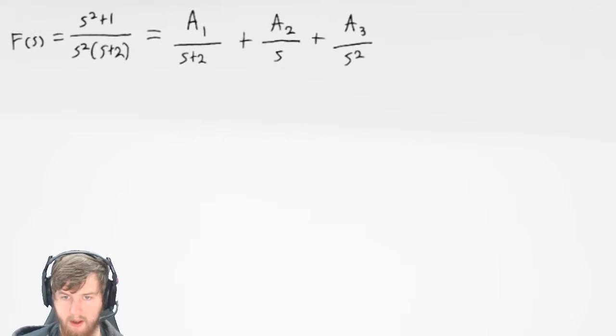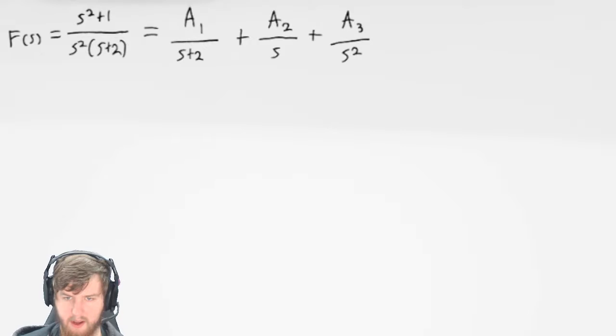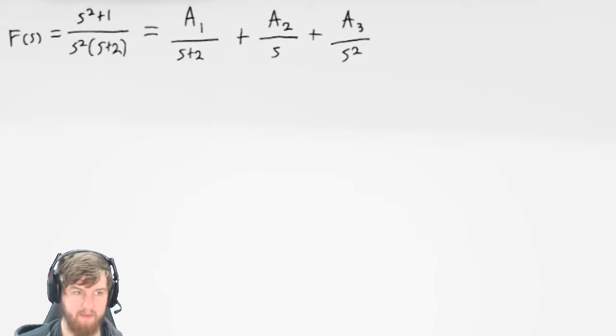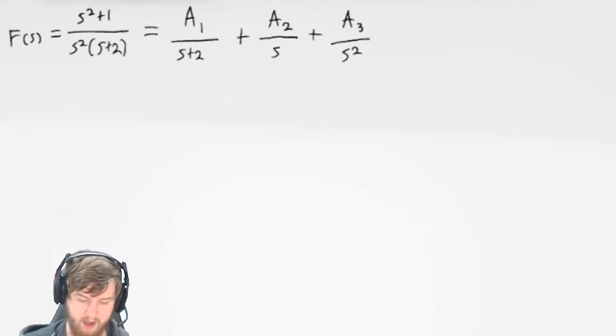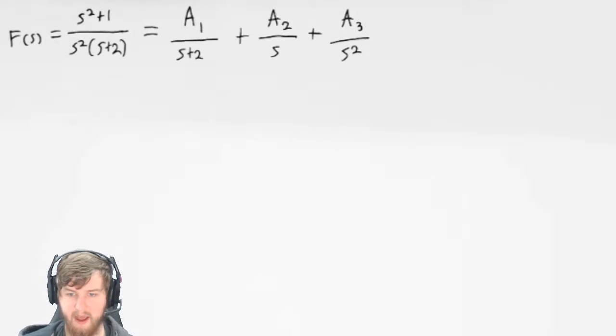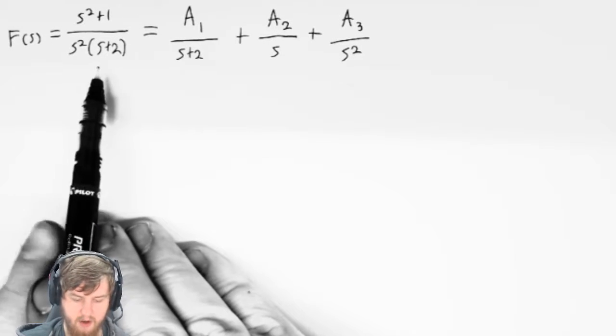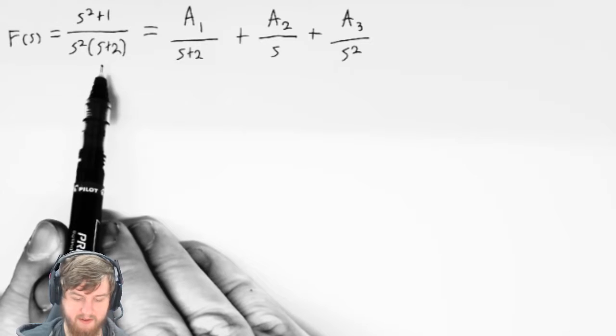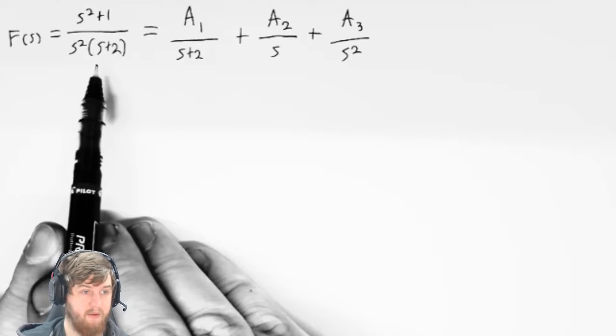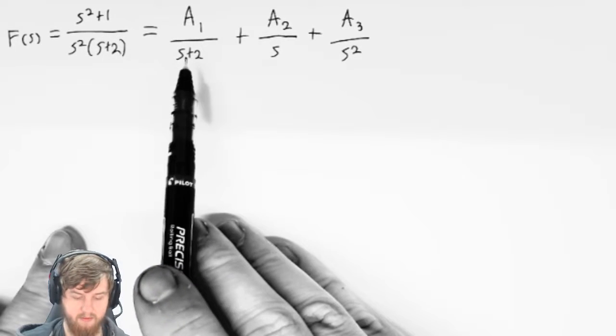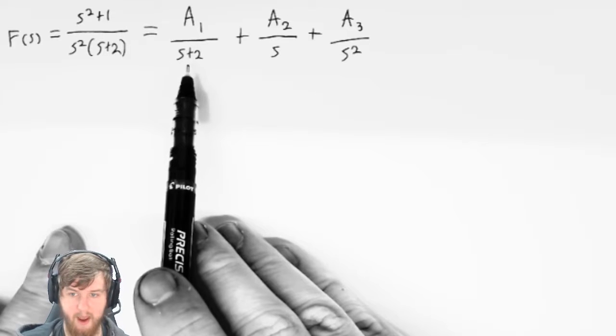Cool. So I'm going to show y'all a method that makes things a little bit easier for problems like that, and it's called the cover-up method. The way the cover-up method works, we can cover up something in the denominator to find the coefficient associated with that part of the denominator.